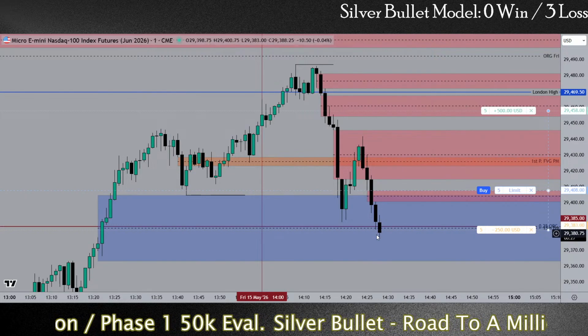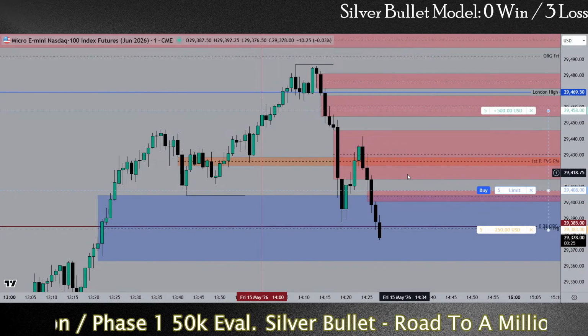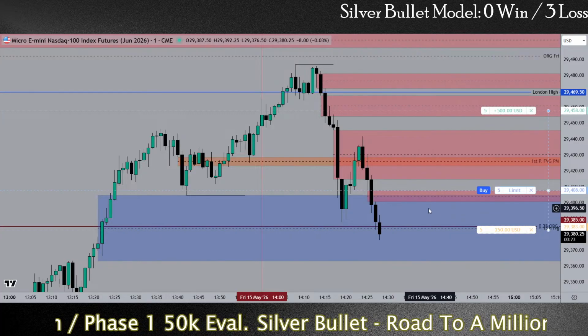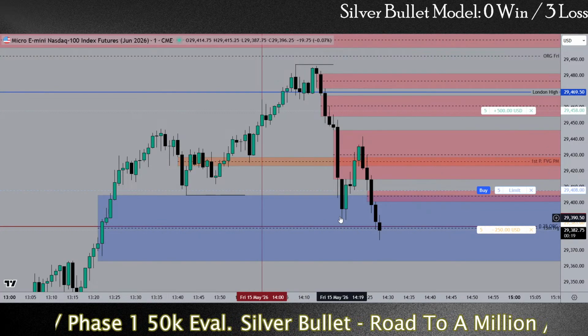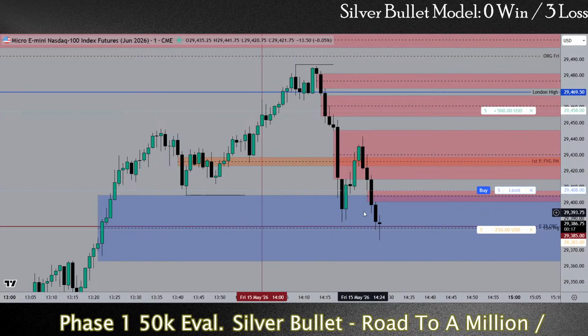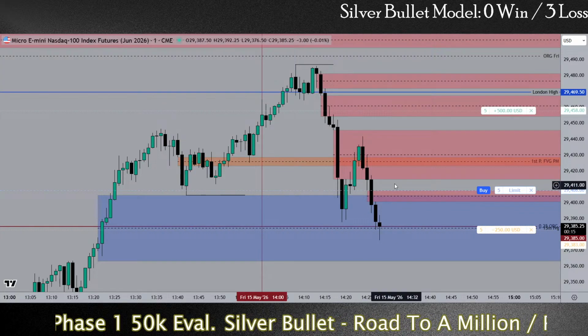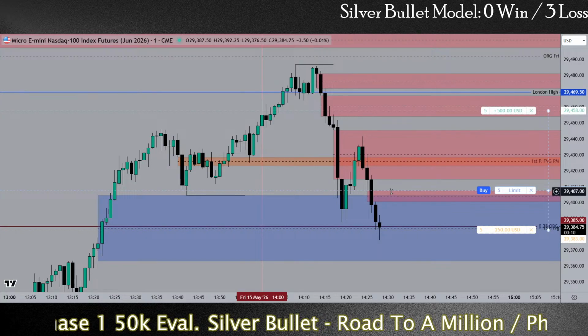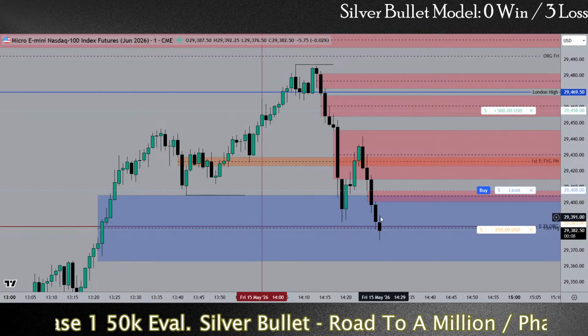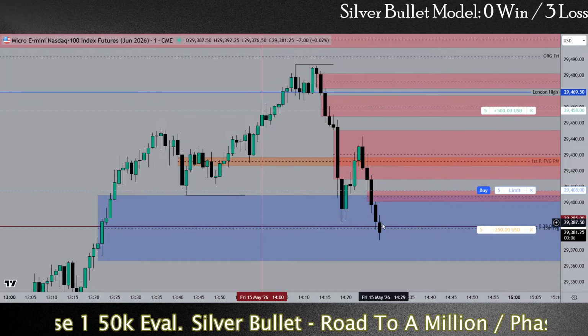Something like this, if price could close above it and then return to it as potential support. If we turn around here, right? If we turn around here. If not, then I will obviously abandon the idea.